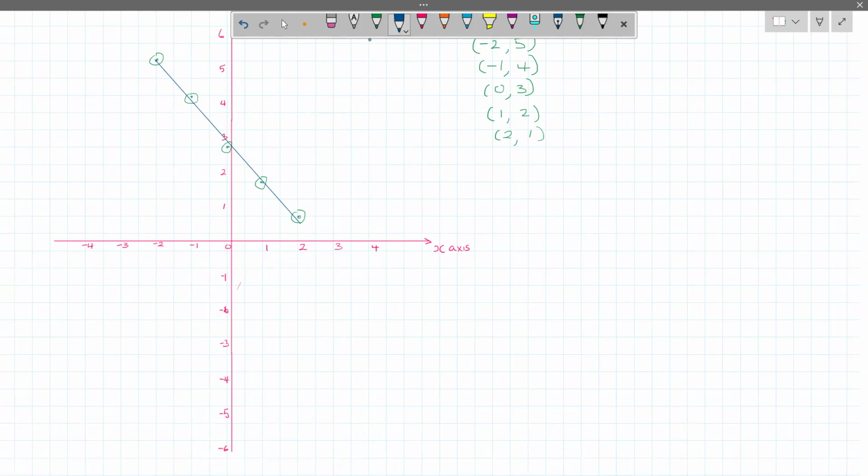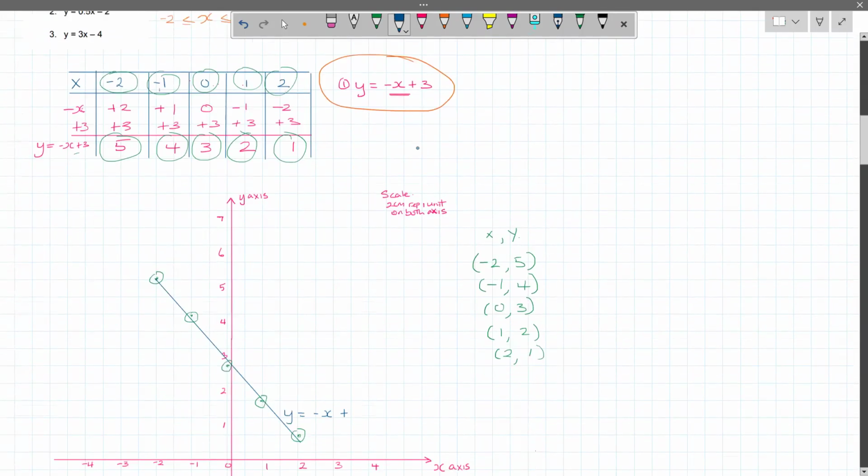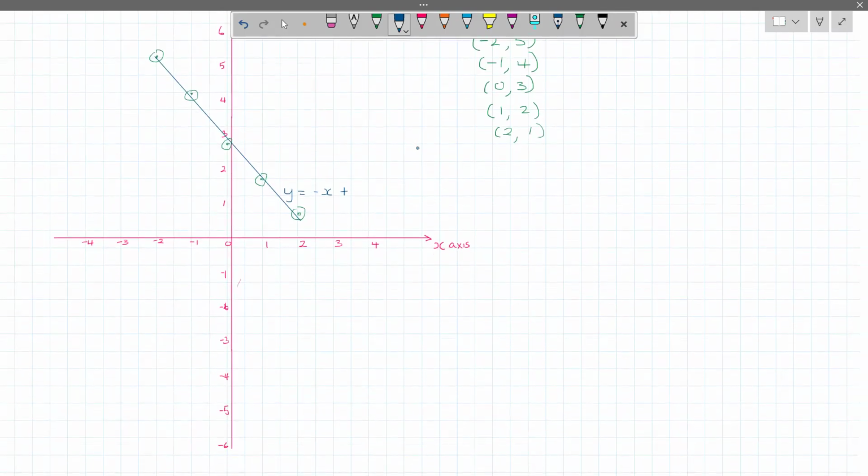And that's my line of best fit. And then we write our equation: y is equal to negative x plus 3. Yeah? Everybody right to that one?